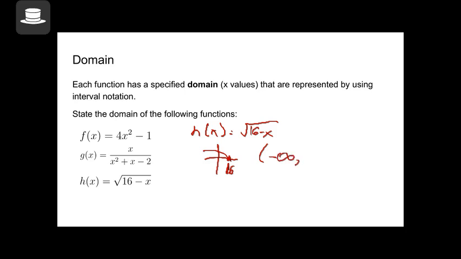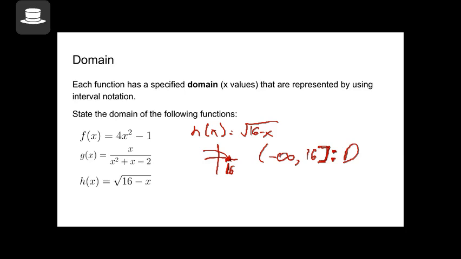At 16, I'm also good because 16 minus 16 is 0. Square root of 0 is just 0. So I can include 16 in my interval. And then also, as you can see from the graph, nothing exists to the right of 16. So this would be my domain for that given function.